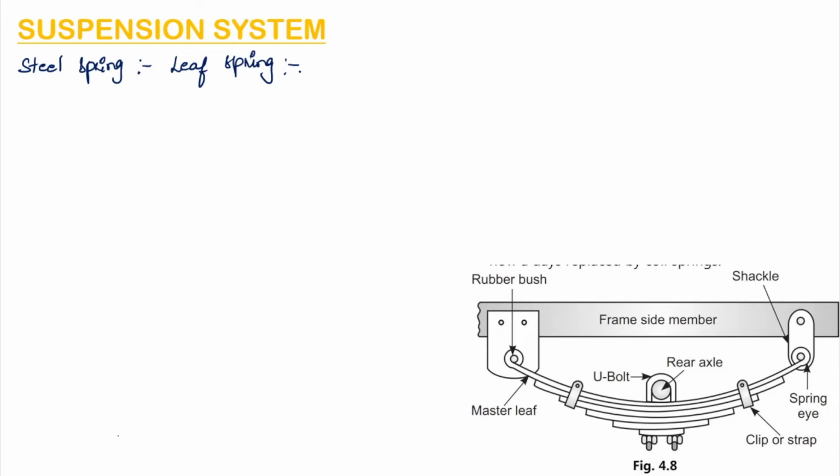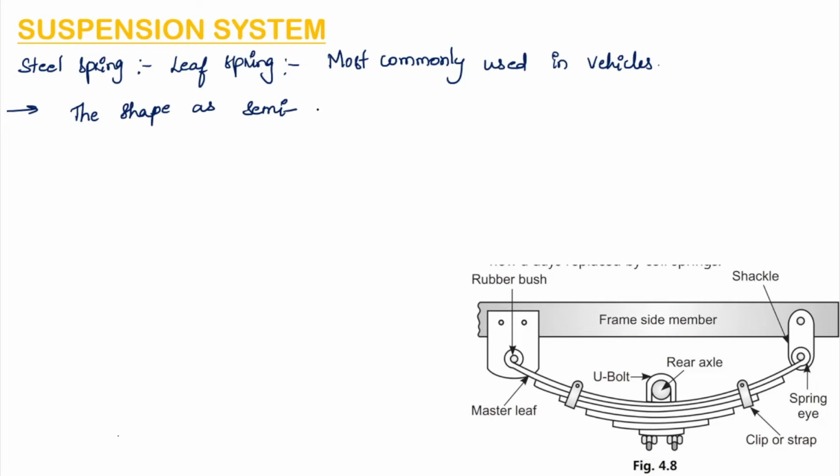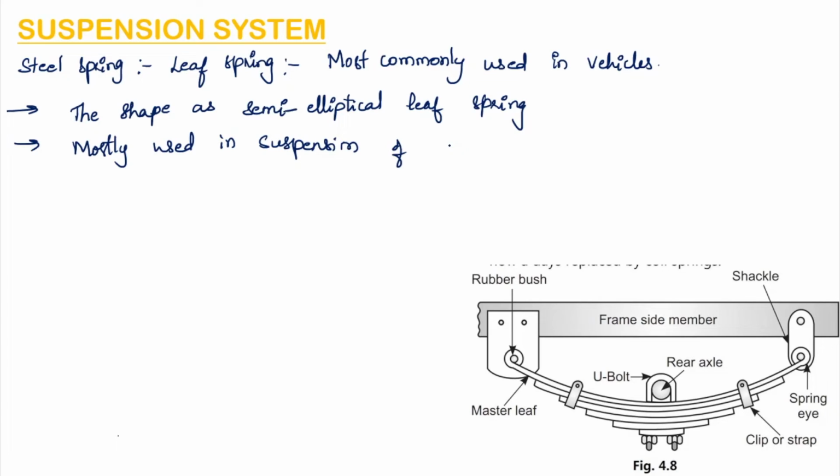The shape of these leaf springs is semi-elliptical, and it is mostly used in the suspension of light and heavy commercial vehicles.